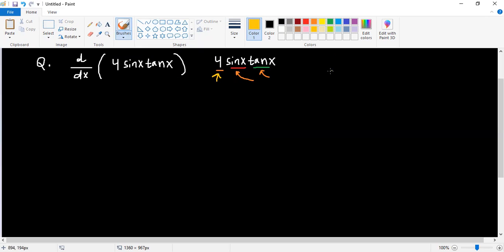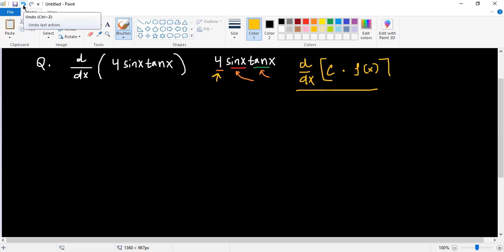So this brings me to the constant times a function rule, the basic property of the derivative, which is: if you have a constant c times a function, and you are taking the derivative d over dx of this multiplication, we isolate the constant.